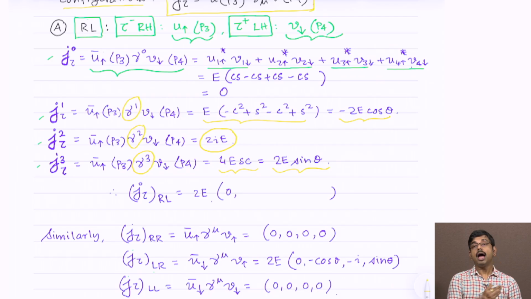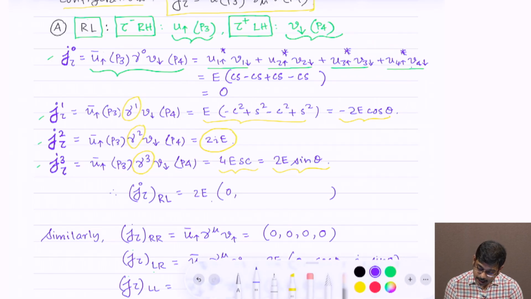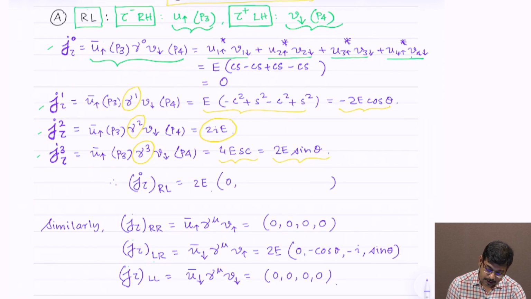So, now I am in a position to write the full 4-current, right. The 0th component is 0. The first component is minus cos theta, J2 is I and J3 is sin theta.